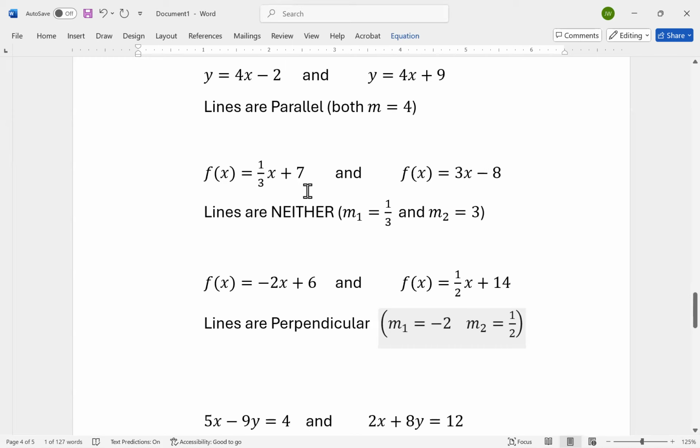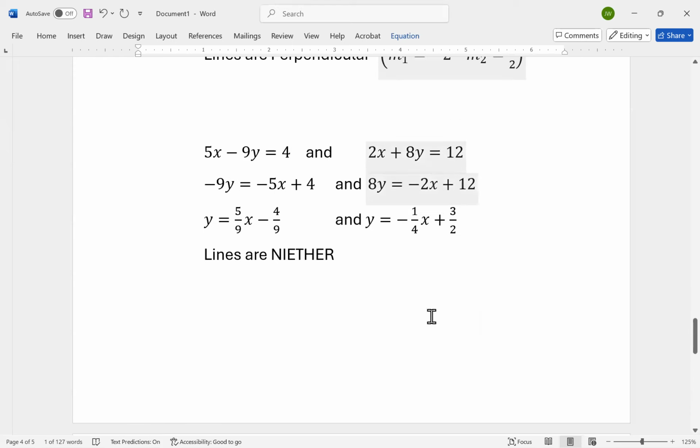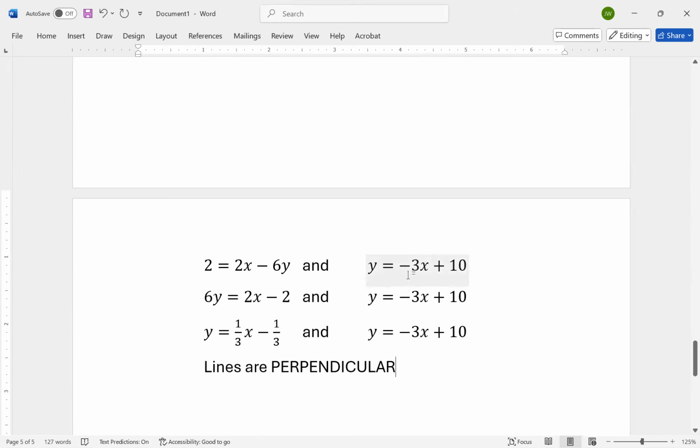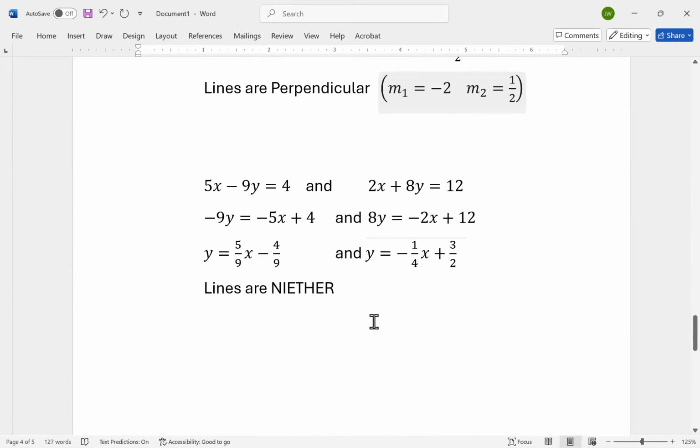If the slopes are negative reciprocals of each other, like we had in this example and also in this example, then the lines are perpendicular. And if the slopes are neither the same nor negative reciprocals of each other, then we say the lines are neither parallel nor perpendicular.